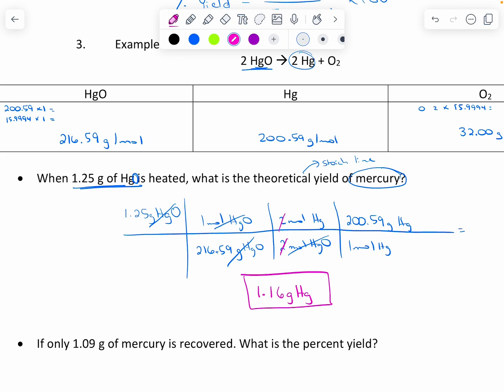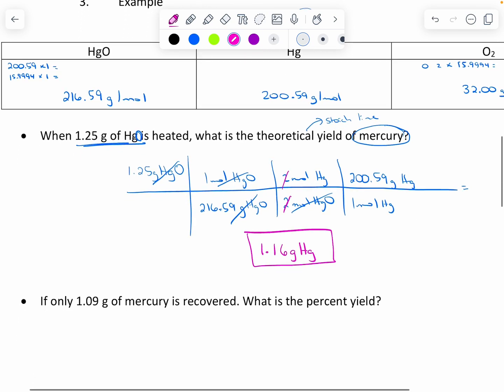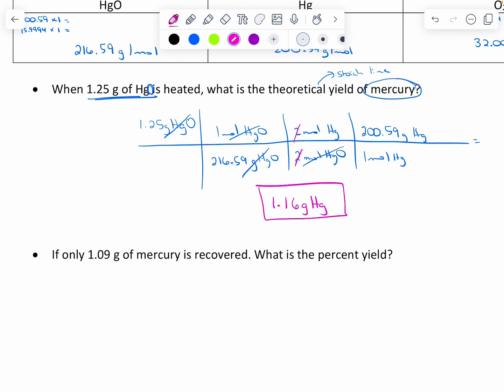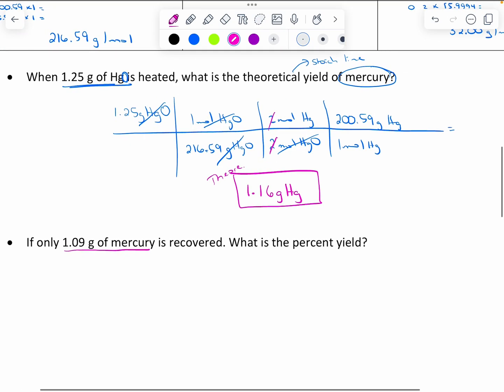We're going to keep working here. Now it says, if only 1.09 grams of mercury is recovered, what is the percent yield? So this is theoretical, and this is my actual. Remember, our percent yield is actual over theoretical times 100.